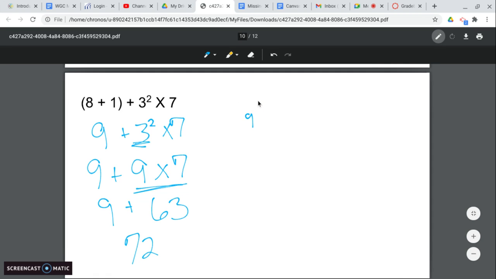Now, there is one kind of question that is on your assignment that is not included in this, that I want to make sure you understand how to do. Sometimes we're going to have expressions that have letters in them. When we have this, it's going to give you the value for that letter.